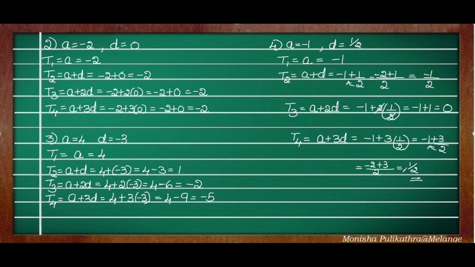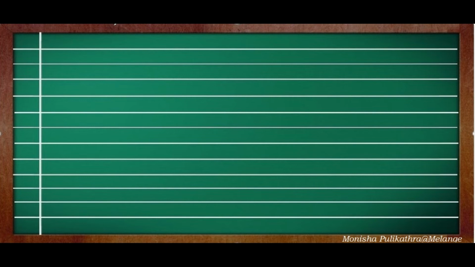Moving on to the fifth problem. Moving on to the fifth question of this second exercise. Okay, here the fifth question is A is equal to minus 1.25, the first term, and D is equal to minus 0.25.